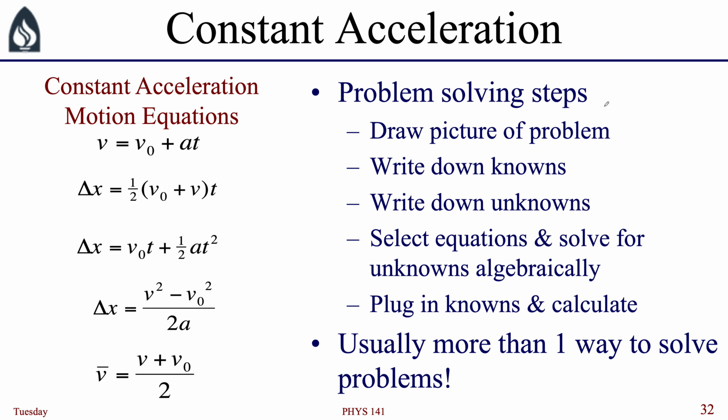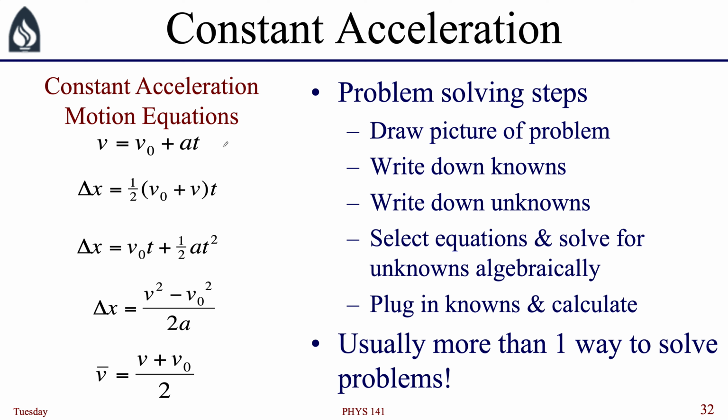So there is a special case when acceleration is constant. If you have constant acceleration, and if your motion is in one direction, then there are several constant acceleration motion equations that you can use. And you can see them listed here on the left-hand side of the slide.